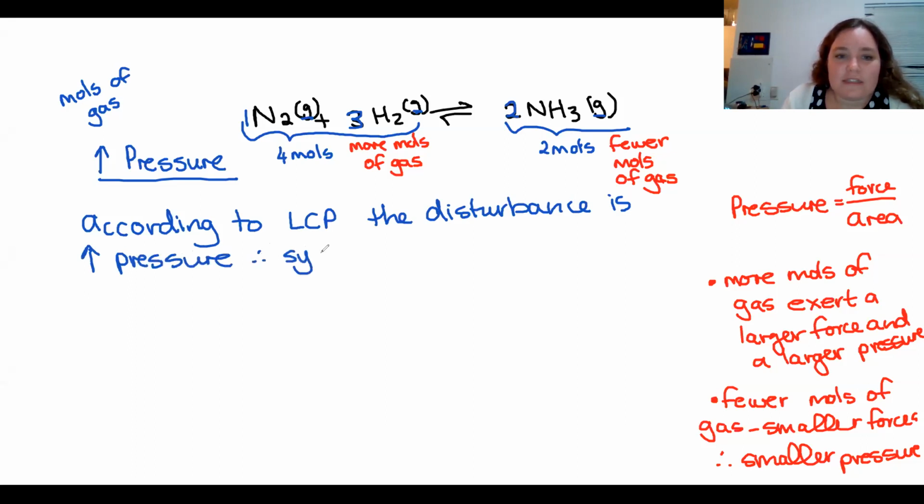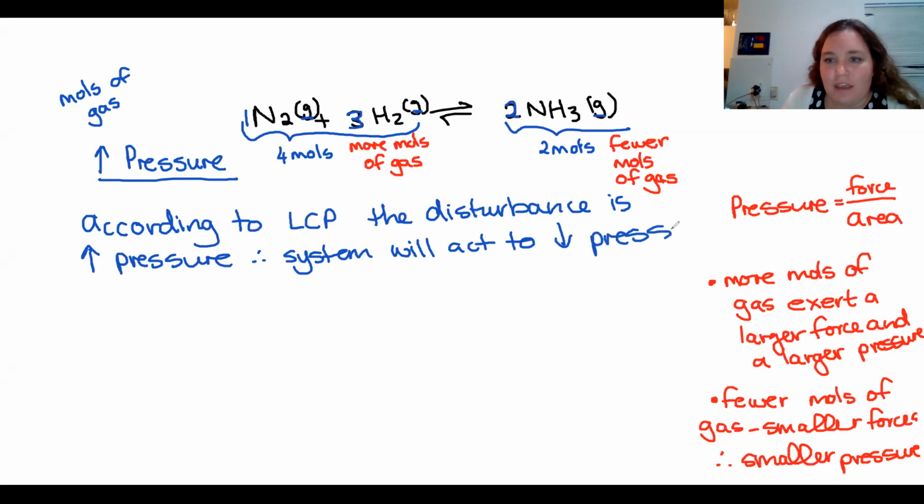Therefore, the system will act to decrease the pressure. If we want a smaller pressure, we're going to choose the side with fewer moles of gas. The side with fewer moles of gas is our products.